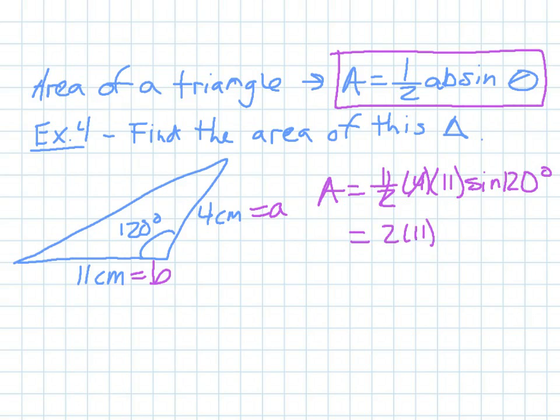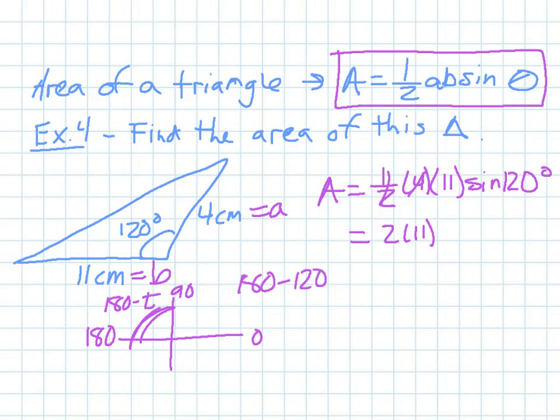Okay, now I want to use my reference angles to help me out with the 120. So 120 is in between 90 and 180, so that means I need to take 180 minus my t value, which is 120 in this case. So 180 minus 120 gives me 60 degrees.